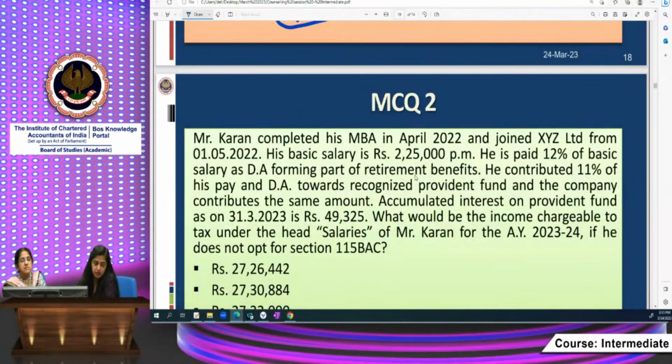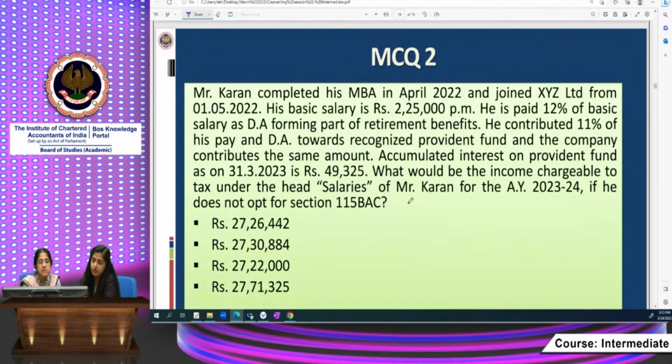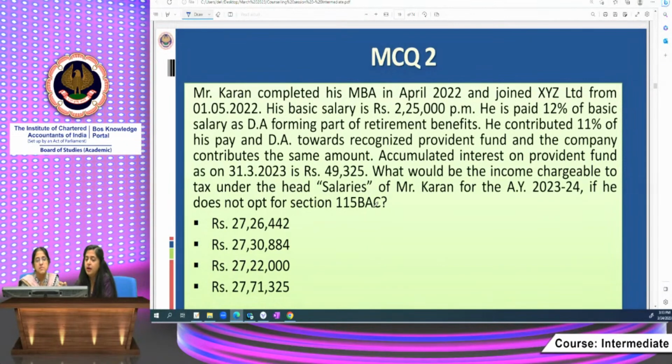Now I'm taking one MCQ. Mr. Karan completed his MBA in April 2022 and joined XYZ Limited from 1st May 2022. His basic salary is 2,25,000 per month. He is paid 12% of basic salary as DA, which is forming part of retirement benefit.